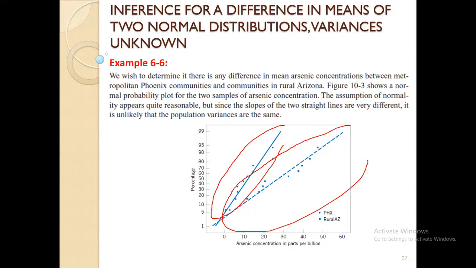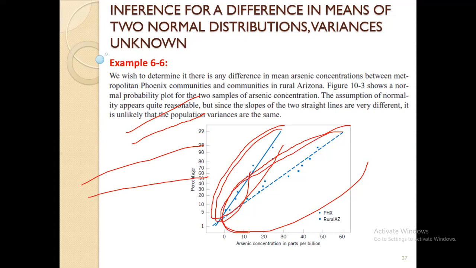That's right, different values. If the curves go with the same slope, you can assume equal sigma. But for this case, the slopes of these two lines are different, so you can conclude the difference in value.